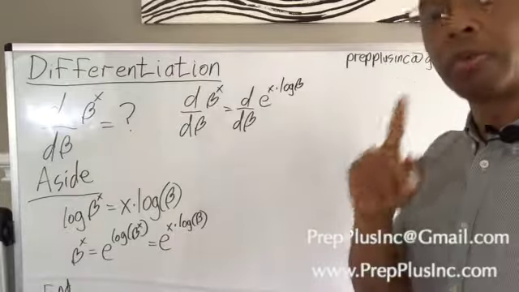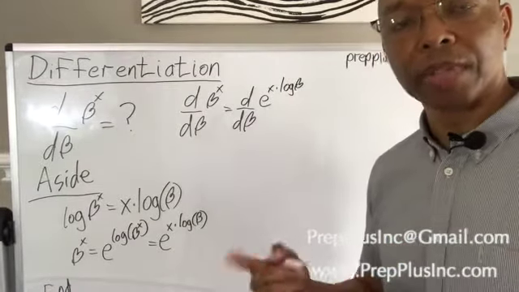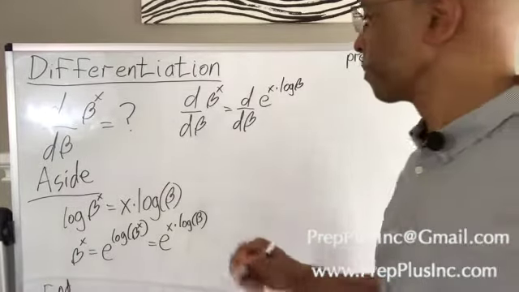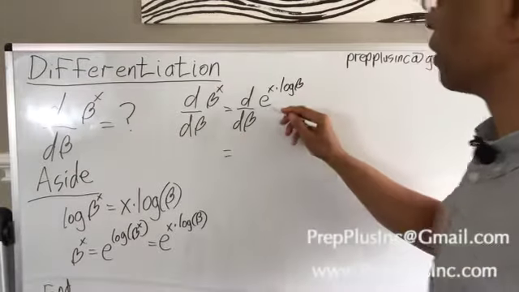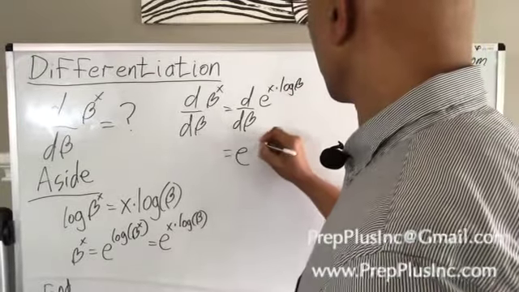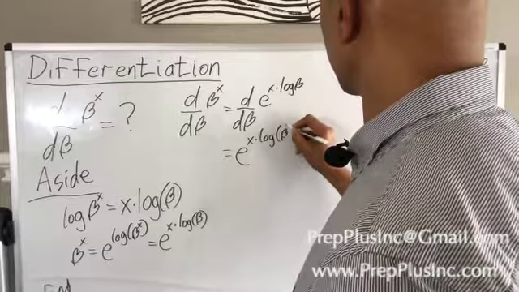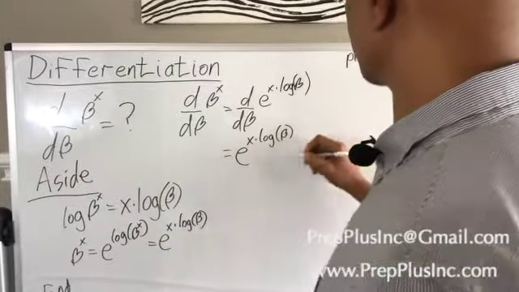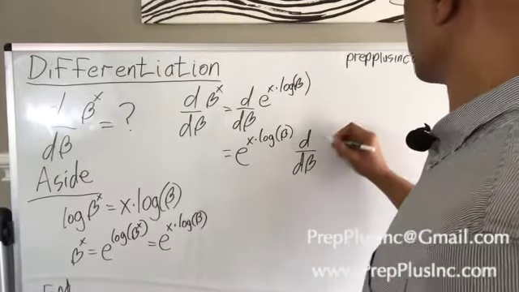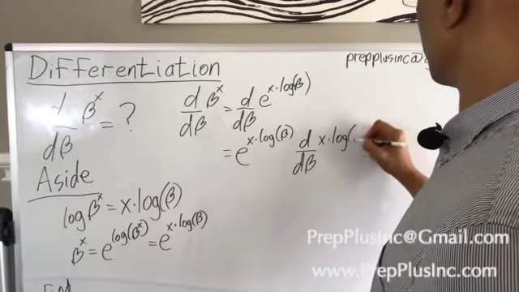Okay, so now let's just differentiate this using the rules of taking exponents of powers of e. So this is, first of all, just take this whole thing, e to the x times log of beta, times the derivative with respect to beta of x times log of beta.